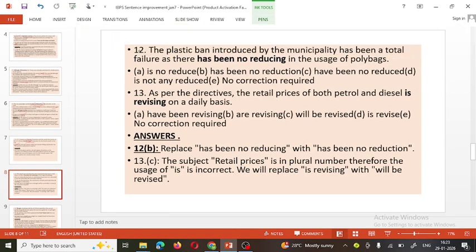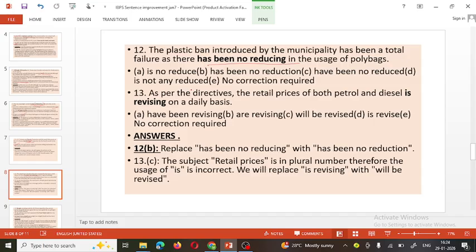Next: "The plastic ban introduced by the municipality has been total failure as there has been no reducing in the usage of poly bags." The highlighted part is "has been no reducing". The options are: no reduce, has been no reduction, has been no reduced, and is not any reduce.